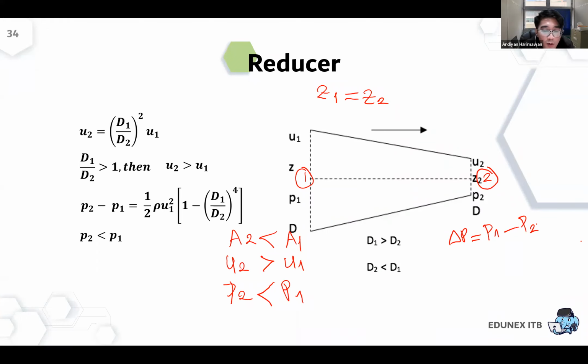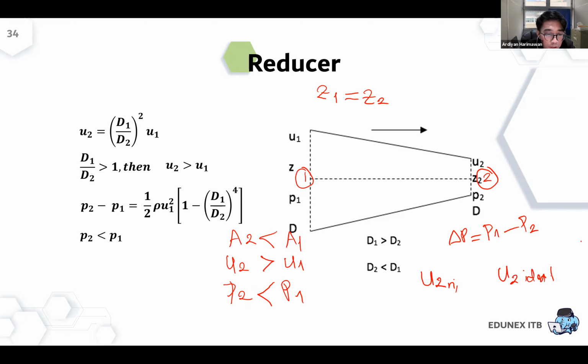Okay, now we use the same approach. In non-ideal condition, when there is energy loss, delta P is the same between non-ideal and ideal. How about the velocity in point 1, in point 2 compared to ideal?